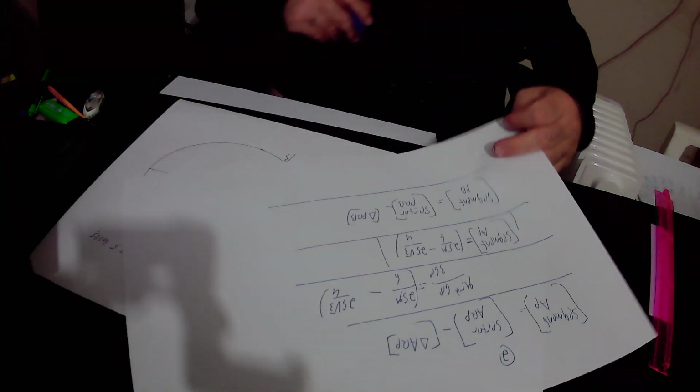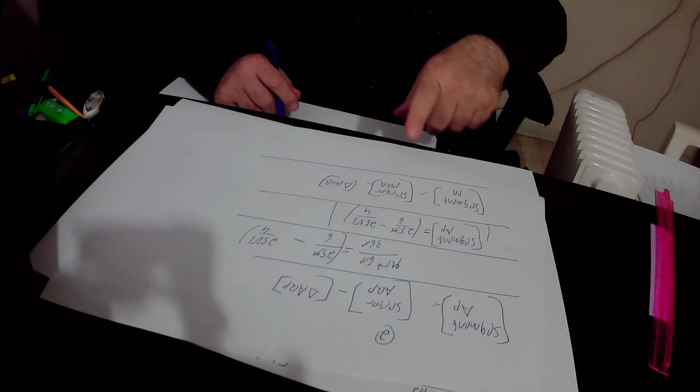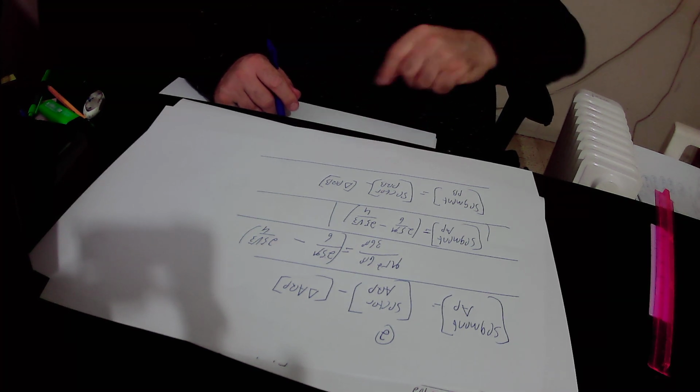I will repeat again. The area of segment PB will be equal to the area of sector PQB minus the area of triangle PQB.